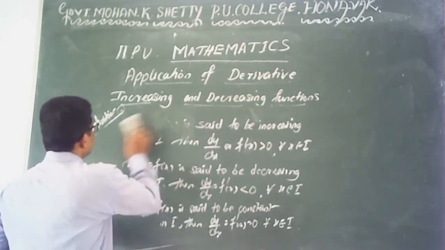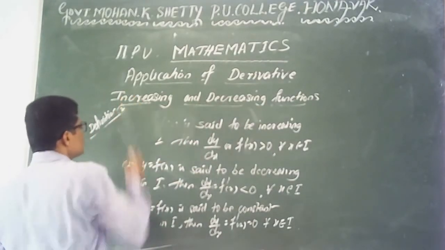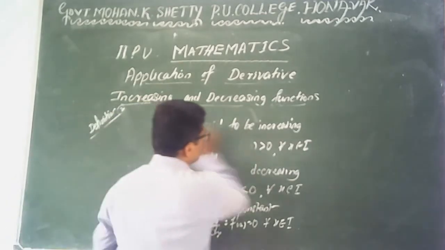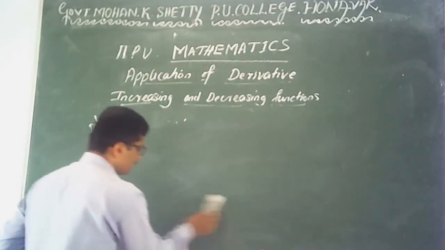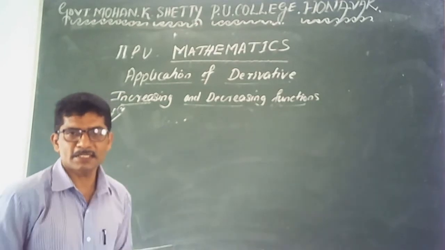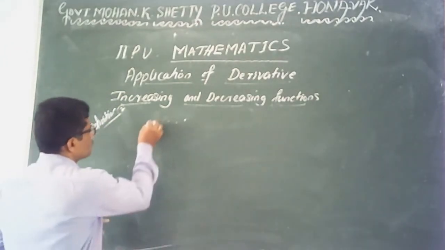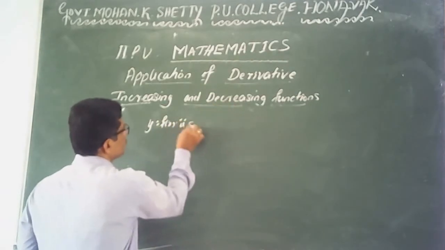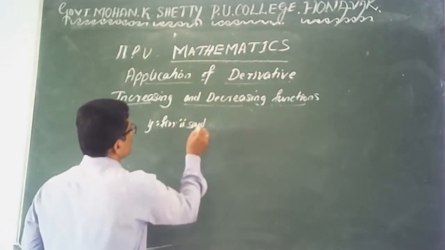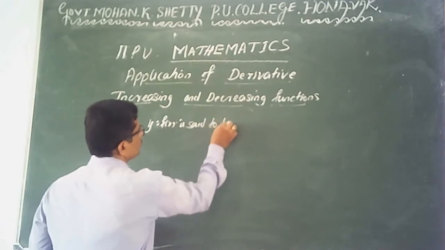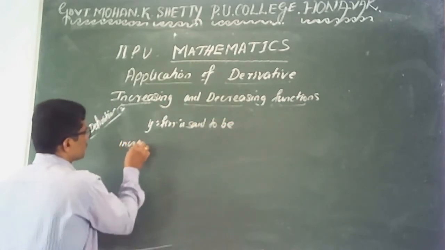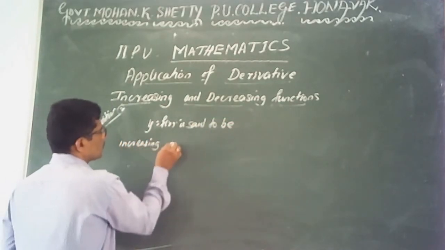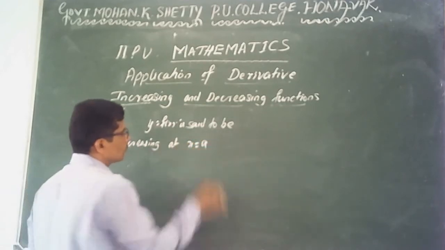And the second one, here using the particular case or particular point, verify the given function is increasing or decreasing. Suppose y is equal to f of x is said to be an increasing function at the point x is equal to a.